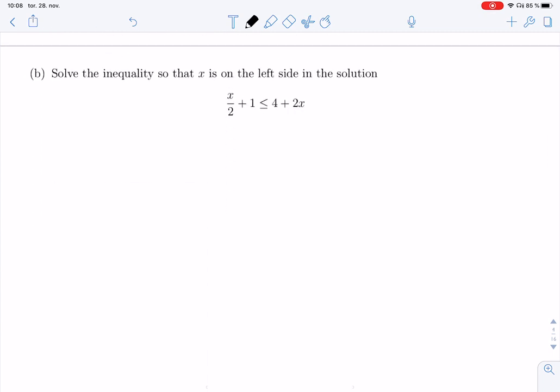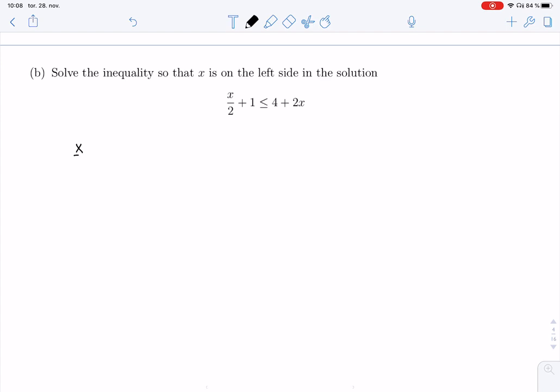In B, we have an inequality, and that's basically an equation. We just need to make sure, because if we multiply with something negative or we divide by something negative, we should turn the inequality sign around. But we can add and subtract just like we do with equations.